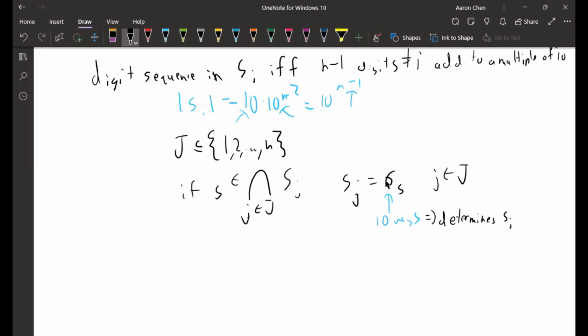And so from there, that just means that there are 10 to the power of n minus |J| minus 1 ways to pick the remaining digits if all but one are fixed, and the last digit is uniquely determined. And so the number of ways here is just 10 to the power of n minus |J|, because there's a minus 1 here and we're multiplying by 10, so they just go away.